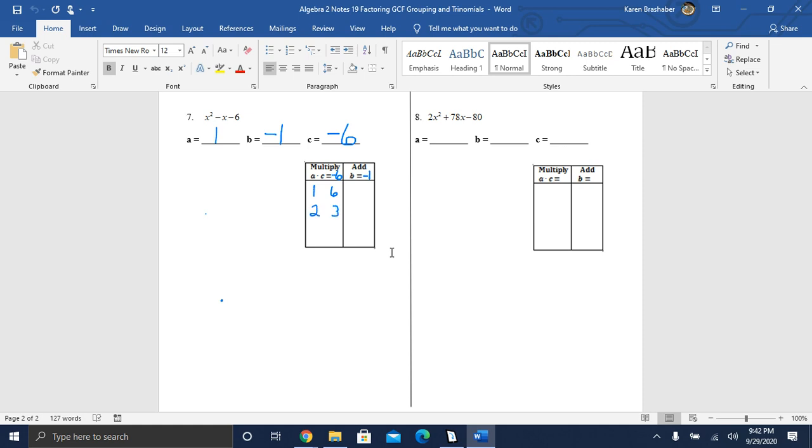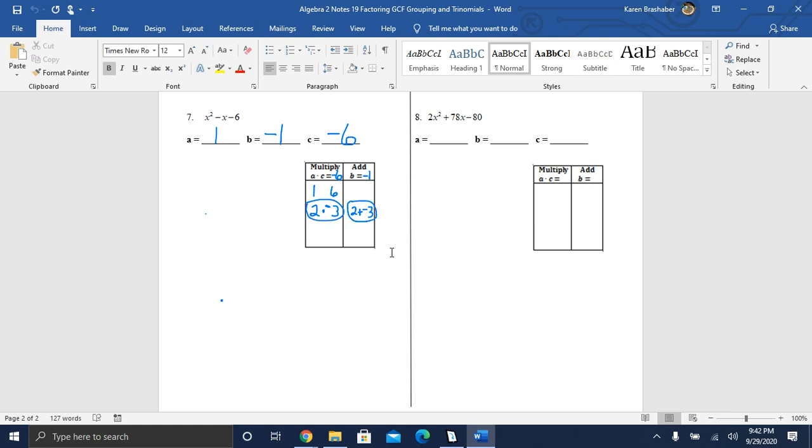Again, I don't have a long list. So something with positives and negatives could be made to add to -1. Well, if I think about it, I have to have a positive times a negative to get a negative. If my bigger number is negative, then when I add it, I'll have a negative answer. So I need to have 2 times -3, 2 plus -3 for my combination.